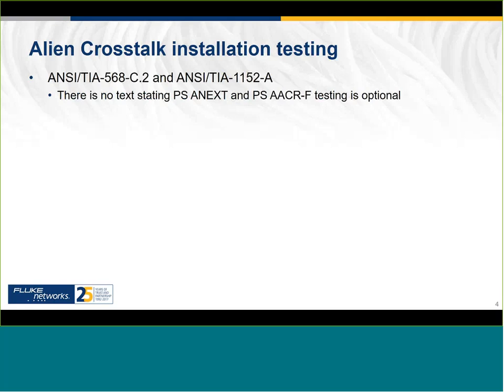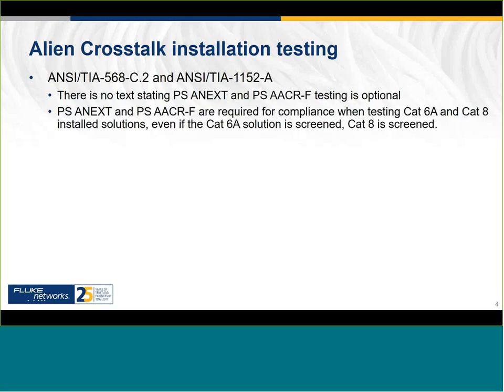So you've got to assume that you are really supposed to be doing those measurements when you are testing Cat 6A and Cat 8 installed solutions. And it doesn't matter if it's Cat 6A unshielded or Cat 6A shielded. You are supposed to test for alien crosstalk. All Category 8 cabling is screened and still requires alien crosstalk testing.